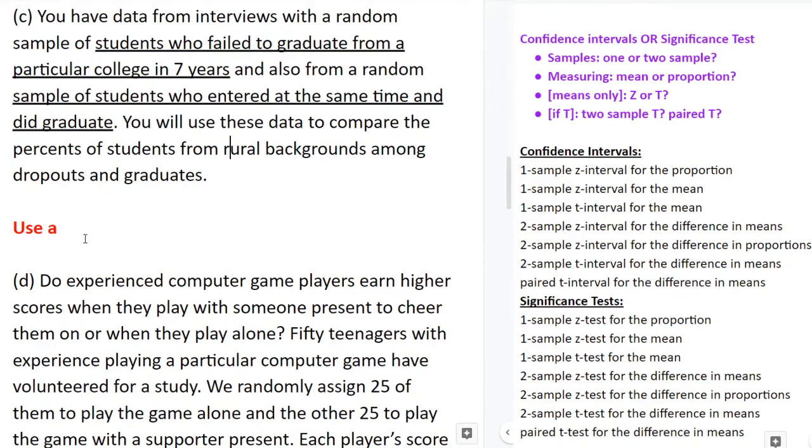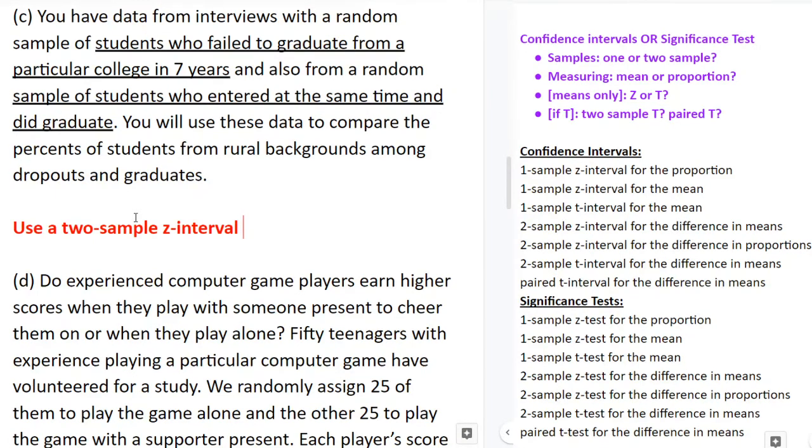So for that reason, we're looking at a difference in proportions, and there's no T or Z option with proportions. It's just the Z test. So this is a two sample Z interval because we're looking for percents. And we're trying to compare the percents and look for a difference in these percents.